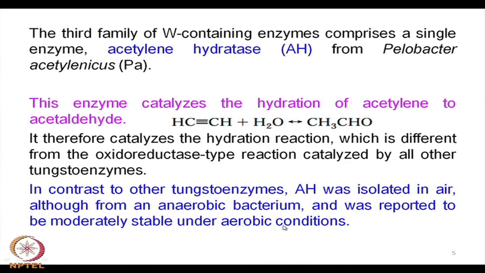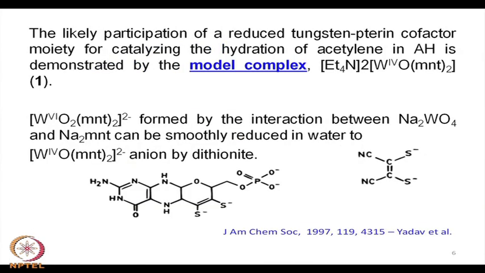So, when we go to aerobic conditions where plenty of dioxygen is available, that dioxygen does not interfere with the transformation, the enzyme is stabilized in some dioxygen environment, and it shows the corresponding hydration reaction of acetylene.